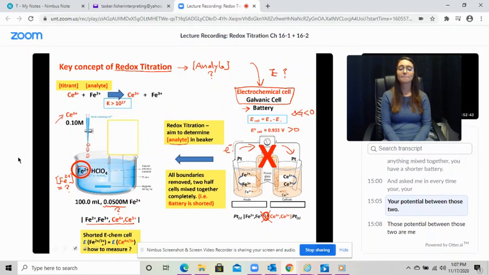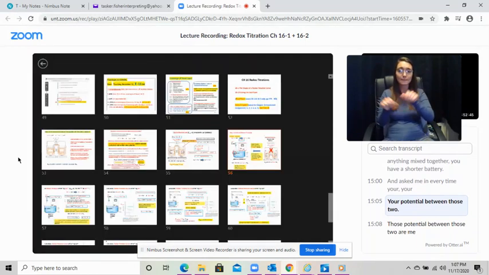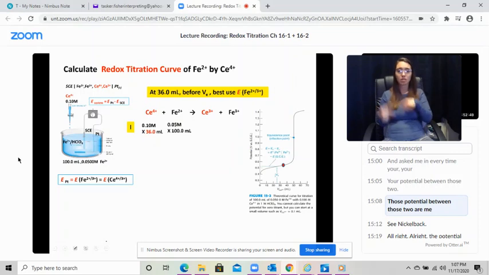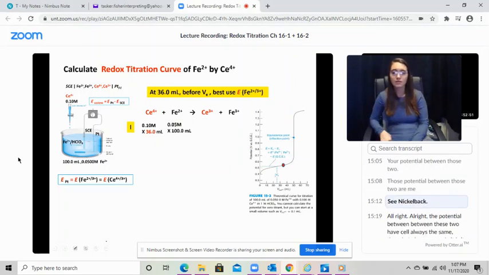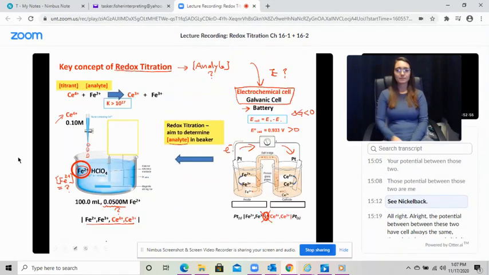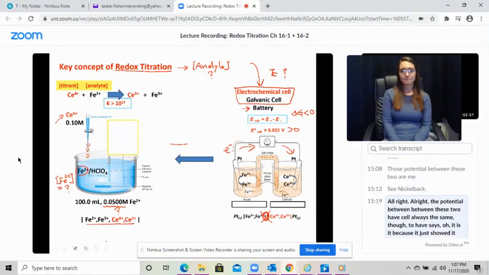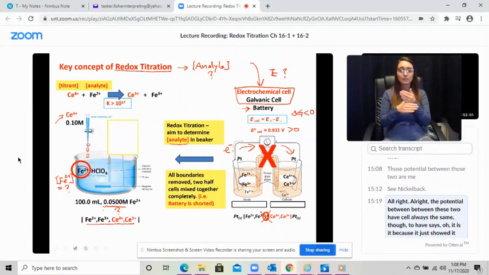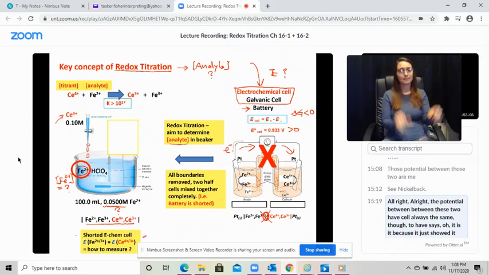That means the potential between those two half cells is always the same, because it's just shorted.